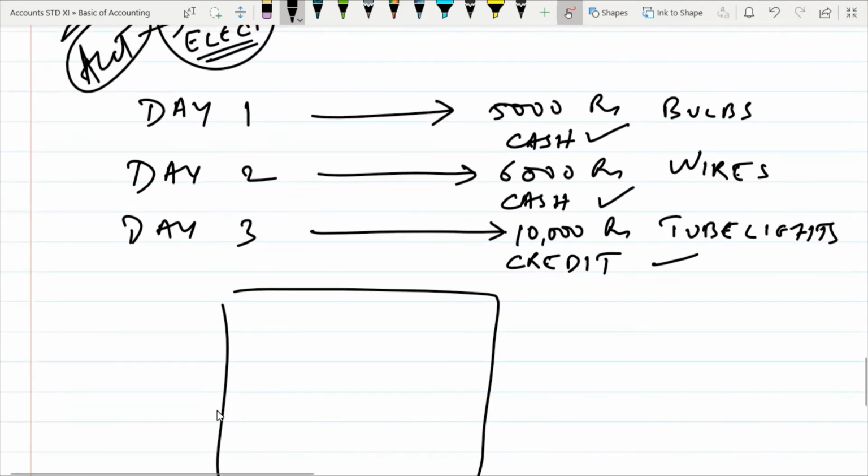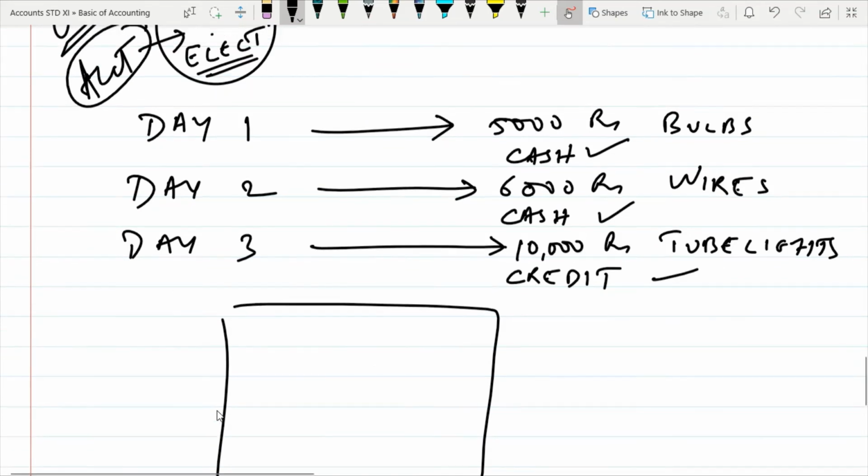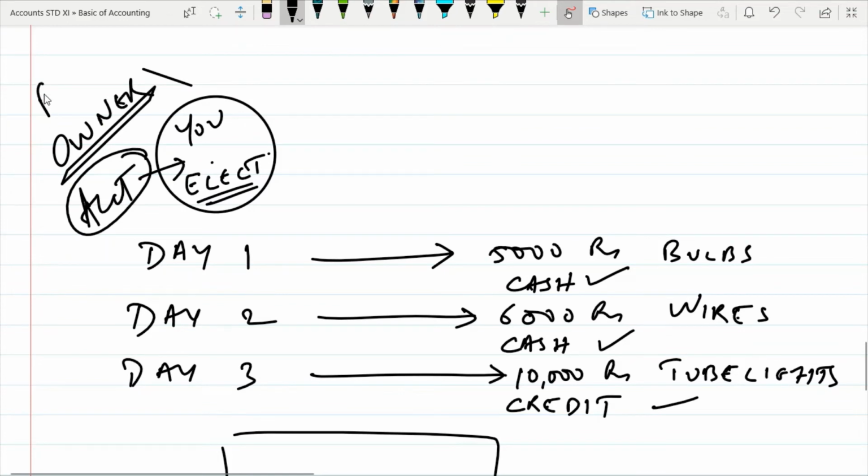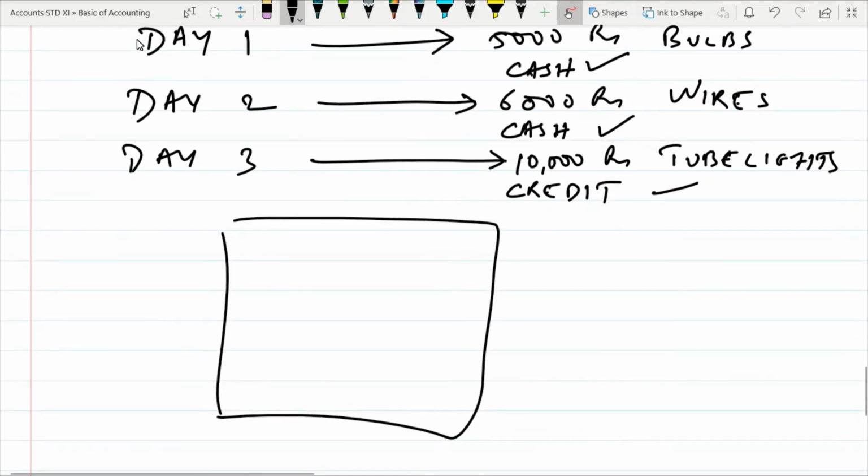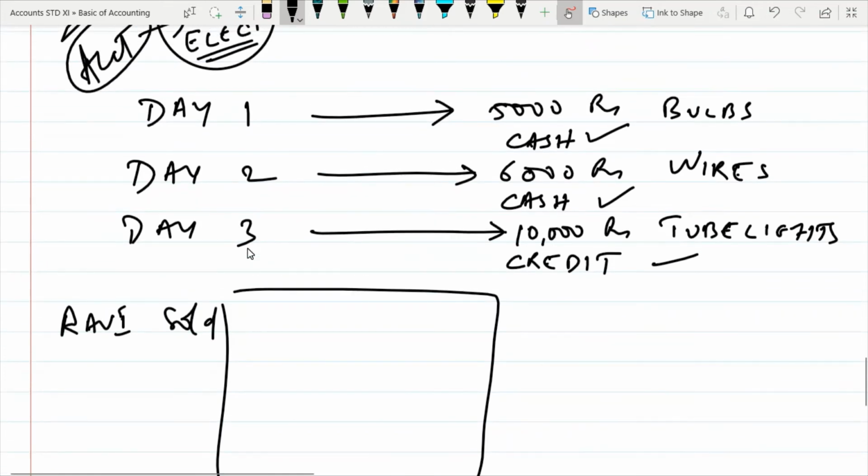Now, in this case, suppose your name is Ravi. Okay. Will you every time say Ravi sold goods to, now in this case, you have sold to Ram. Ram, here it is Roy, and here it is Tina.